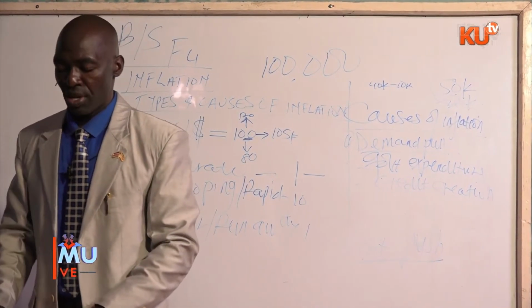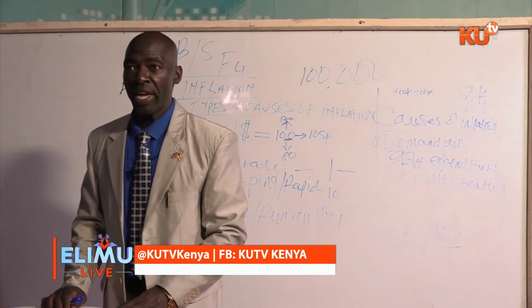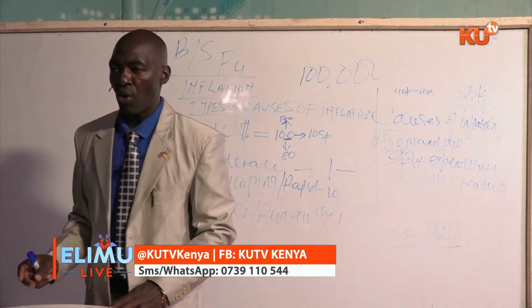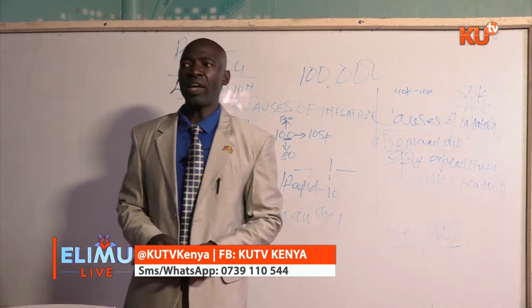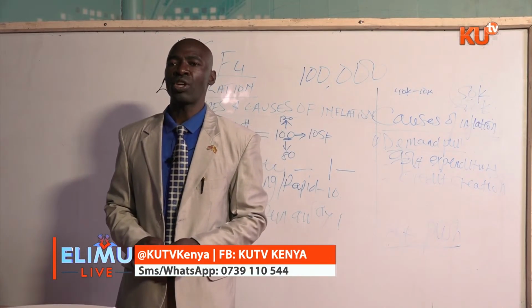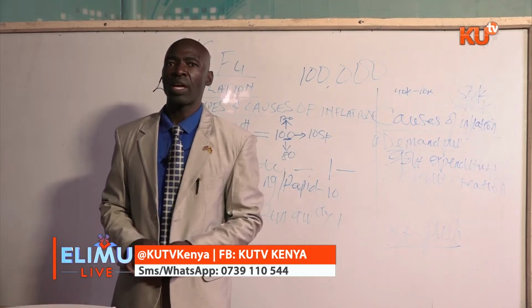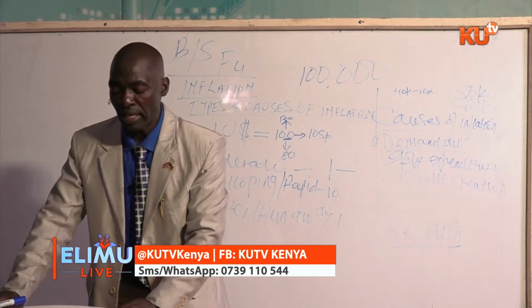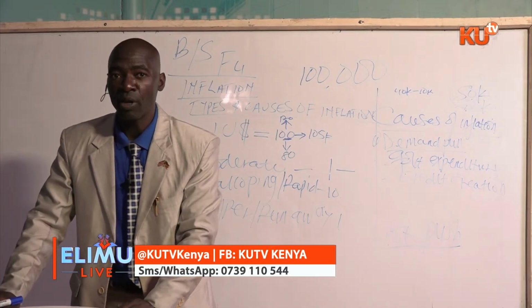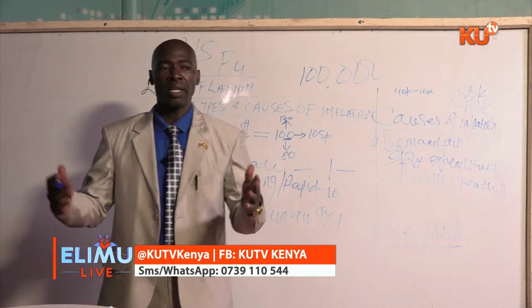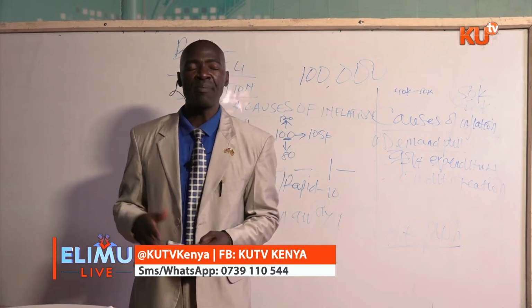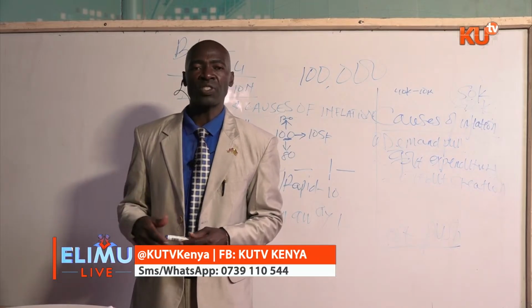The increase in incomes. And then we have general shortage of goods and services. Whenever there is general shortage of goods and services in the economy, it is going to result in high demand, because goods come to the market, they are sold, and people are still in need of such goods.